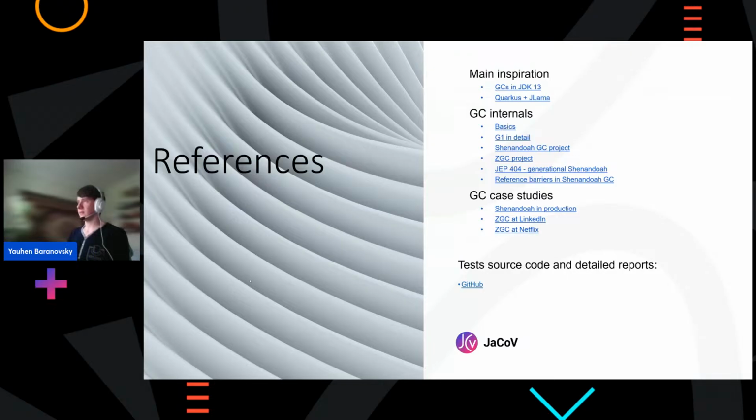Also, you may find some further details on how different garbage collectors work internally, some case studies from real life, how, for example, LinkedIn and Netflix migrated to ZGC for many of their workloads. And finally, don't forget about the source code of all the tests, which may be found in the GitHub repository.